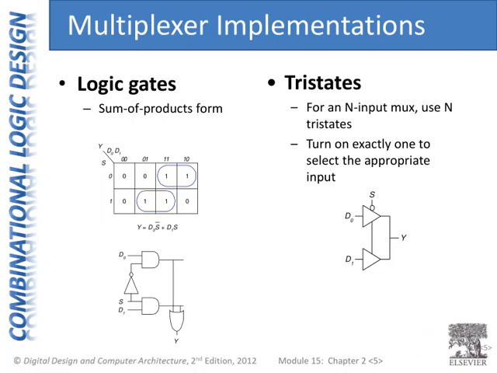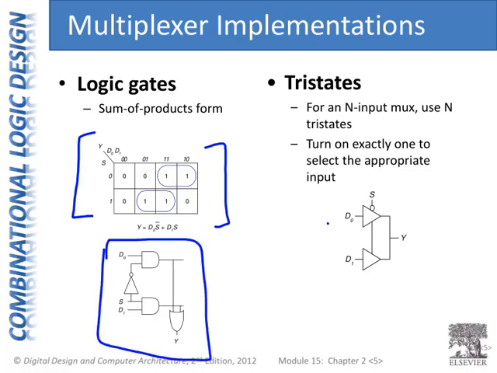So here, drawn out nicely, and I showed the Karnaugh map method of finding the equation. So here's our circuit, the internal circuit of our multiplexer. Couple options here. Which one's right? Well, they're both right.